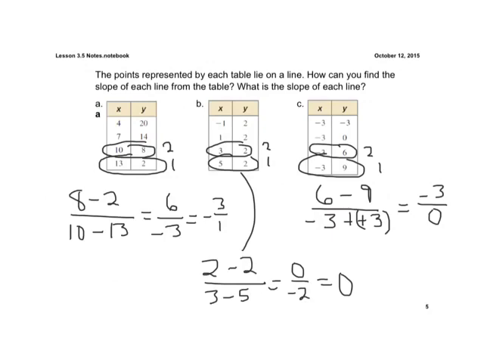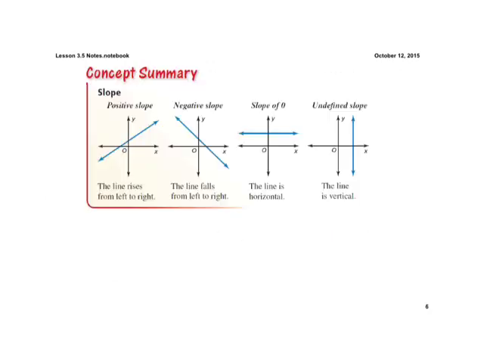Now, when a 0 is in the denominator, it's going to be undefined. Okay, there's nothing we can multiply by 0 to get to negative 3, so our slope here is going to be undefined. And that's whenever you have a 0 in your denominator there.